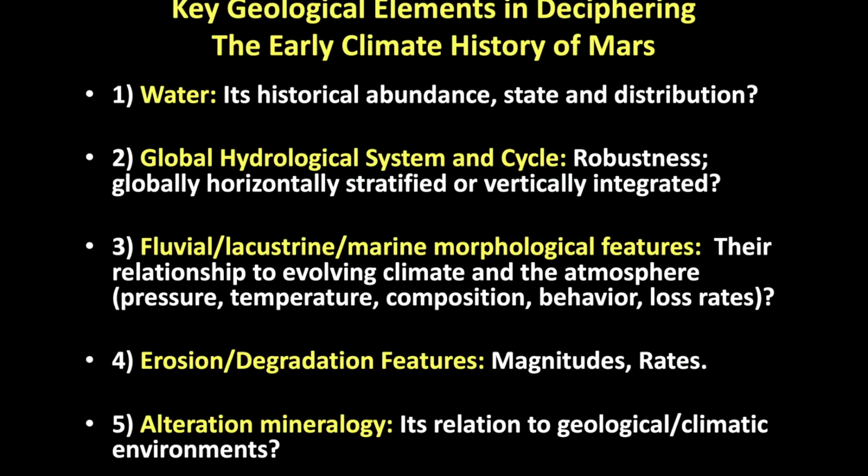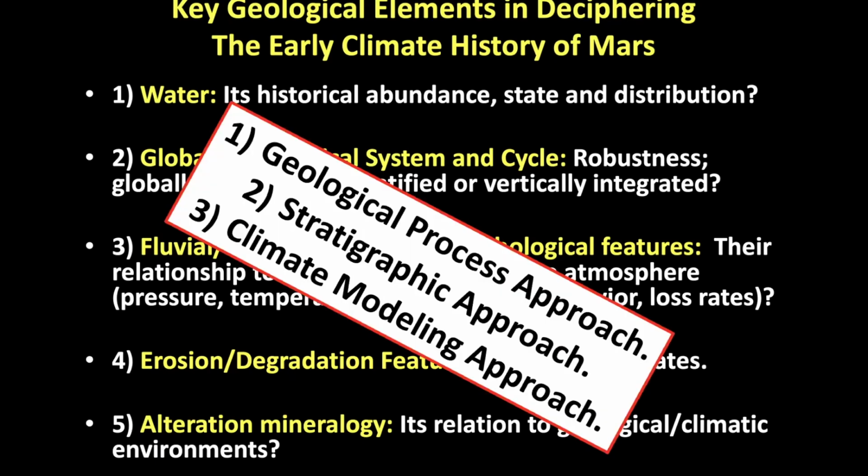What's up with all the phyllosilicates in the early history of Mars? We use a geological process approach and a stratigraphic approach. We've also incorporated climate modeling approaches, working with our colleagues, for example, Robin Wordsworth at Harvard and the people at LMD, Francois Forget and colleagues, for decades, okay?